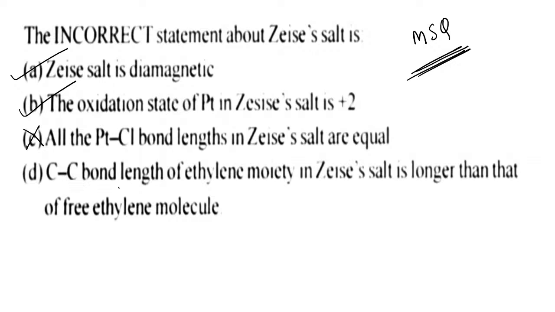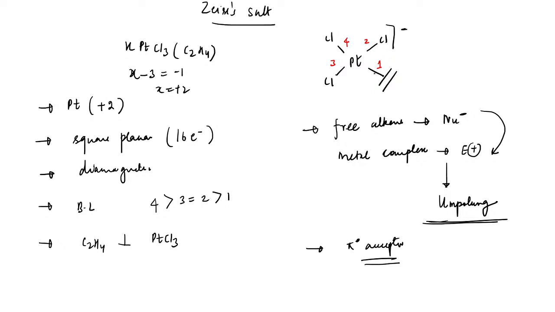And option D is the C-C bond length of the ethylene moiety in Zeise's salt is longer than that of free ethylene molecule. Now, it's a pi acceptor ligand. Definitely it is giving electrons to the metal as a sigma donor, but after sigma donation it's taking electrons back from the metal. Because of back bonding, you're adding electrons into the anti-bonding orbital, so the bond length will increase.